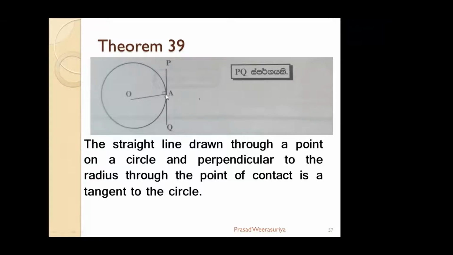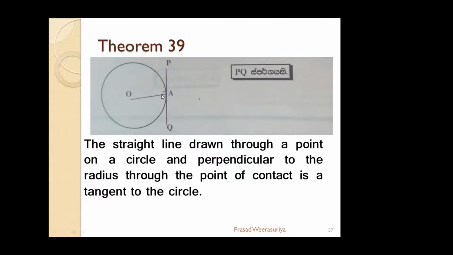Then the straight line drawn through a point on a circle, this point A is on the circle. So PQ is the straight line drawn through a point on the circle A, and perpendicular to the radius. That line is perpendicular to the radius, right? It is passing through a point on the circle and it is perpendicular to the radius as well, right?